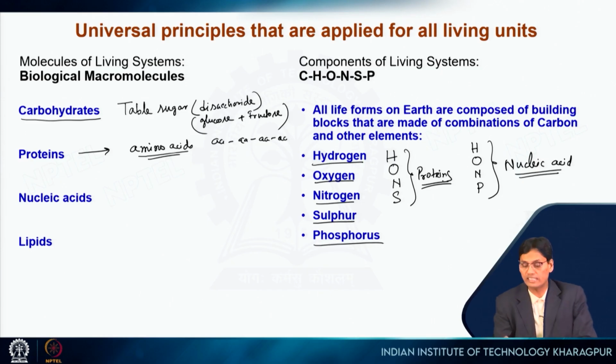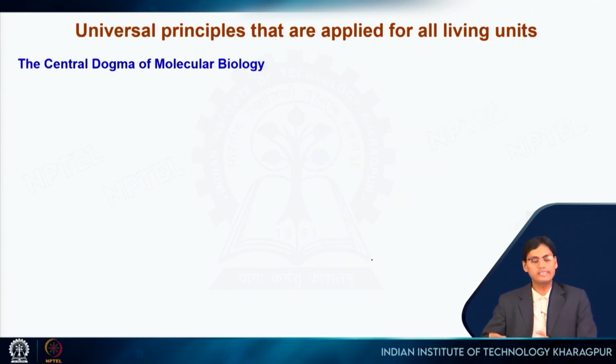As you can see here, sulfur we put in protein and phosphorus we put in nucleic acid, but the other three, hydrogen, oxygen, nitrogen, are present in both nucleic acid and protein. But I forgot to mention one thing that is present everywhere, that should be carbon, right? Carbon should be here.